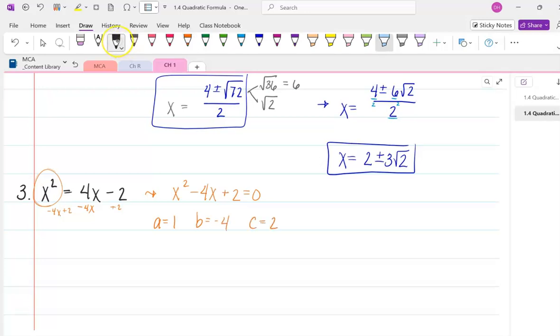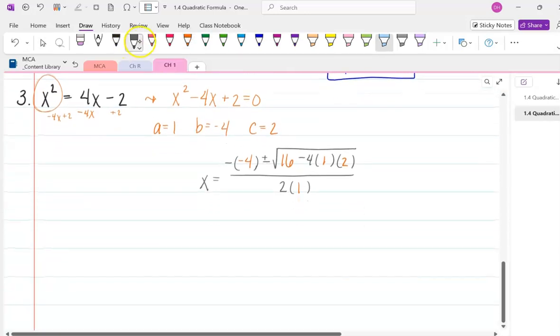So you have x equals negative b plus or minus the square root of b squared. So once again, b squared is going to be 4 squared is 16 minus 4 times a times c, all divided by 2 times a.